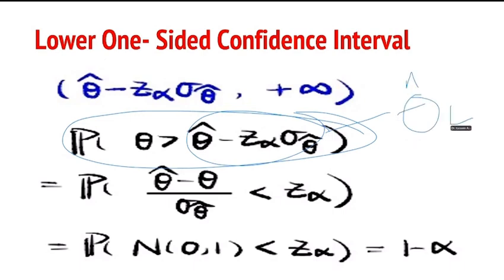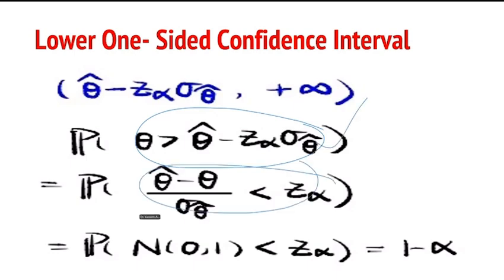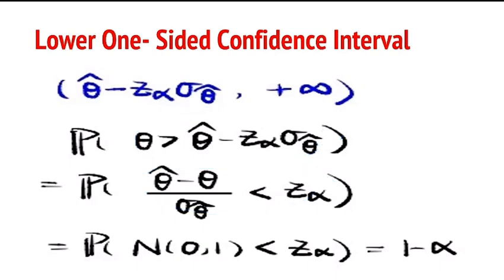When you simplify that, if I want to rewrite it as theta cap minus theta divided by the standard deviation, I can go from here to here, and because of the negative, the inequality sign is going to change. That was why. You can see that now. And this is a standard normal random variable, which is believed to follow a normal distribution with a mean of zero and a variance of 1.